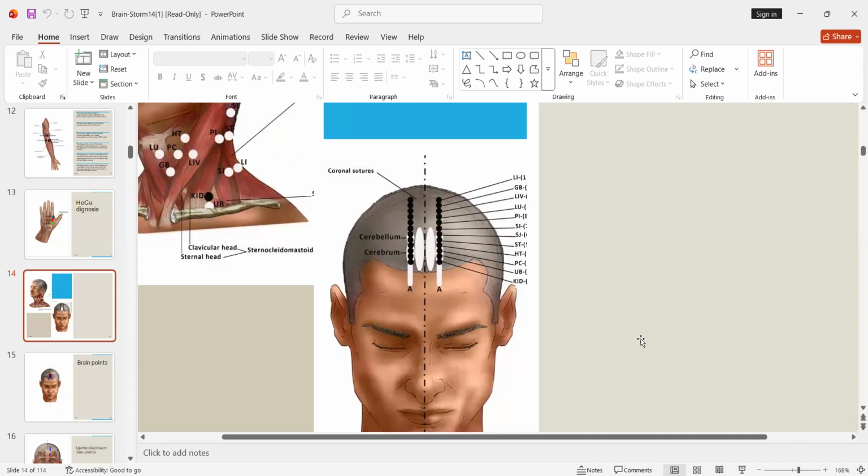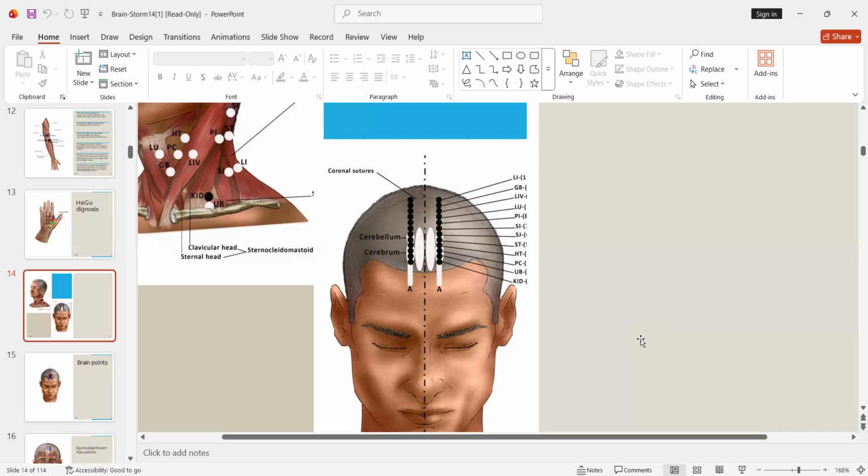When you palpate the liver point on the sternocleidomastoid muscle and it is painful, then you have to put the needle on cranial nerve 10, which is the vagus nerve. When you put needles on the cranial nerve point or spleen point, the pain and tenderness go away immediately.